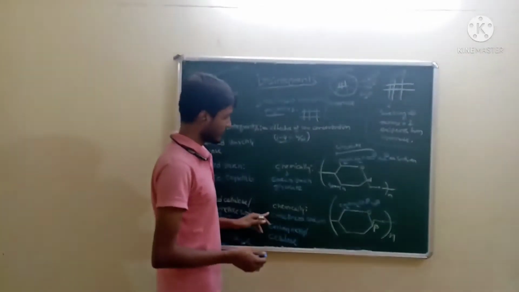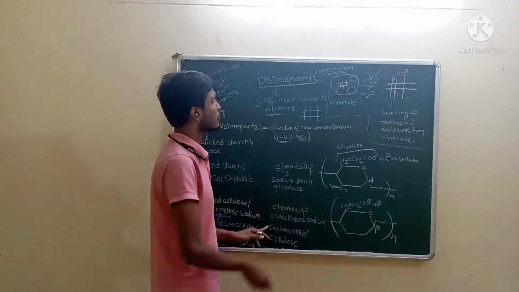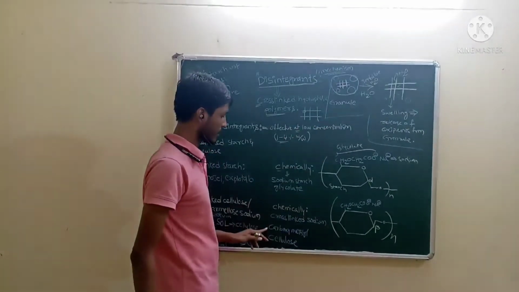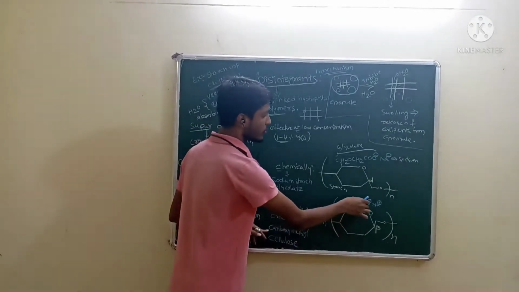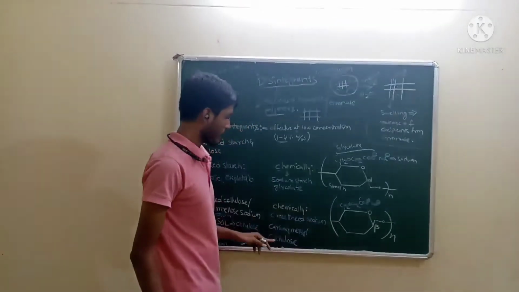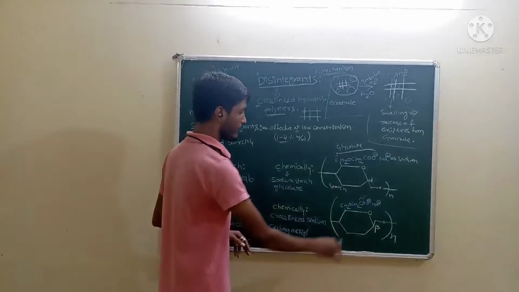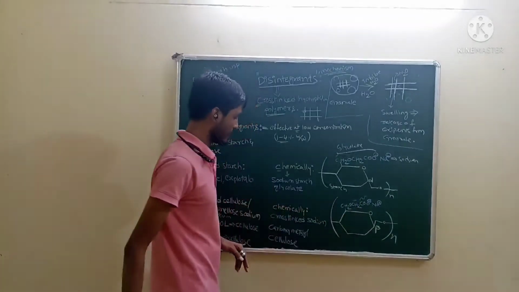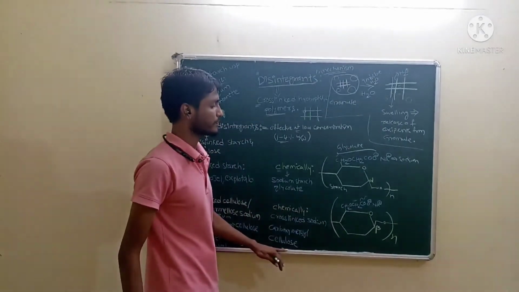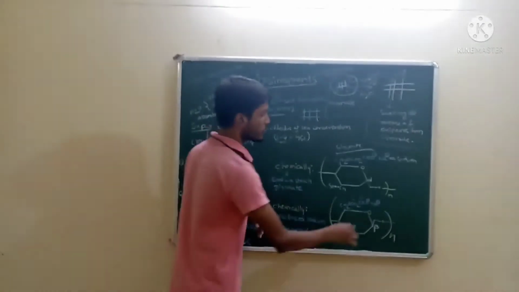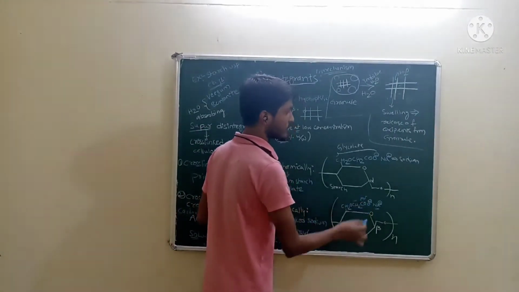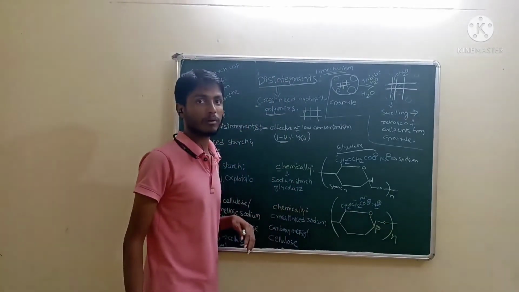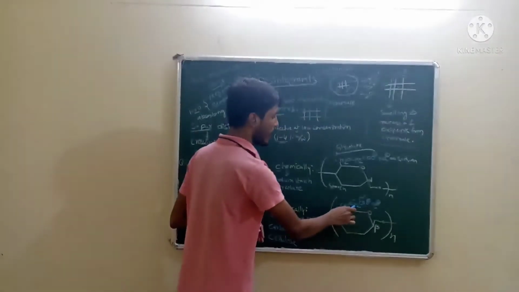Chemically, these are cross-linked. I told you cross-linked. These are cross-linked sodium carboxymethyl cellulose. This group we can call carboxy. The methyl group is there, cellulose. Carboxy means C double bond O of carbonyl, carboxy and methyl.